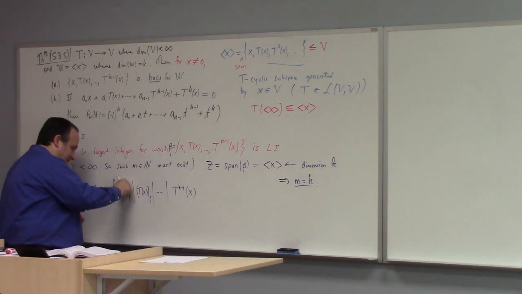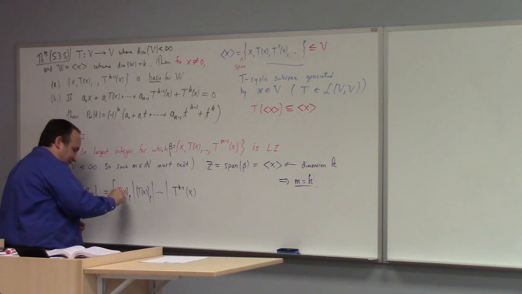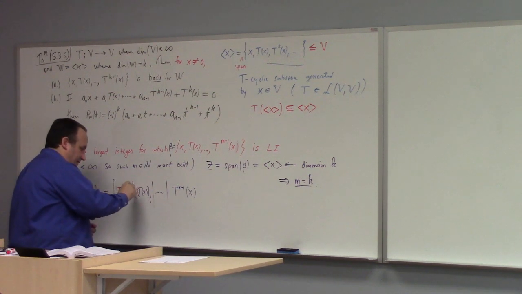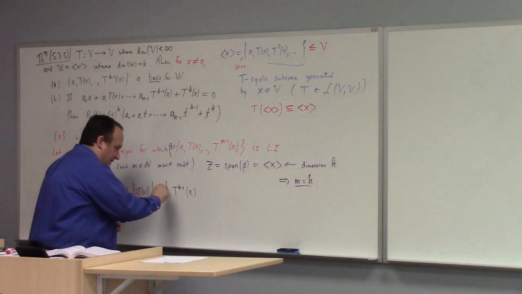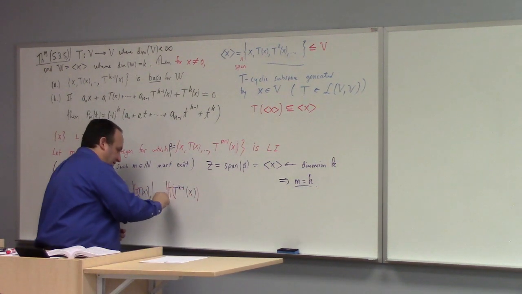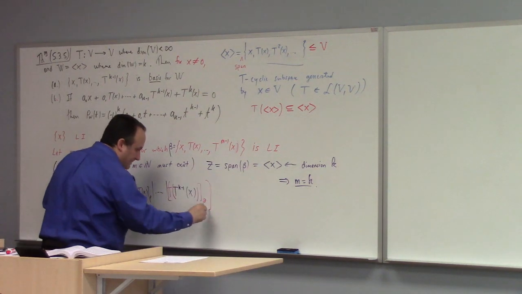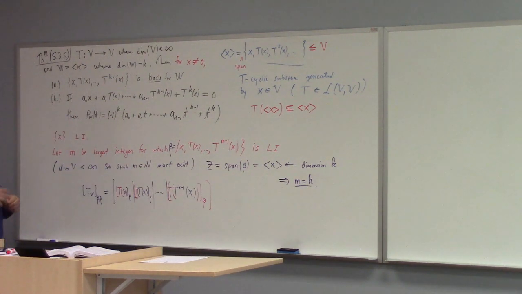T of x, T of that, T of this. We look at the coordinates of T acting on the basis. That's the matrix, right? Duh. Good night. All right.